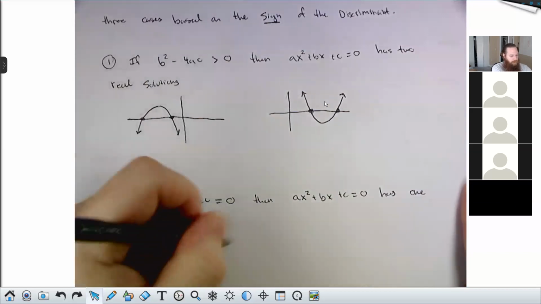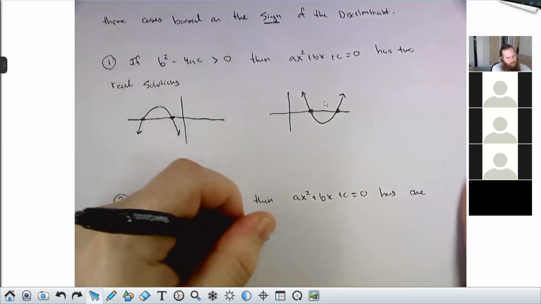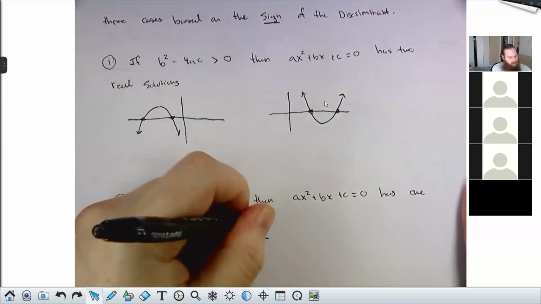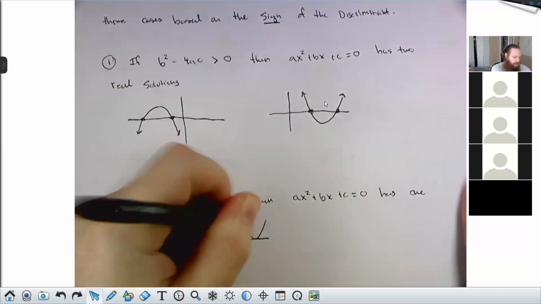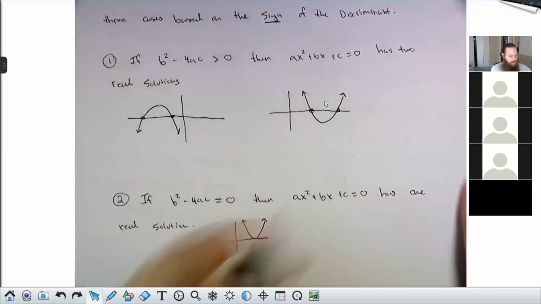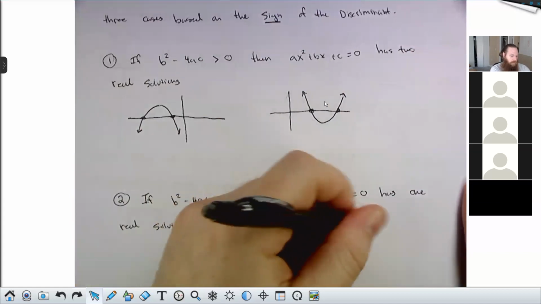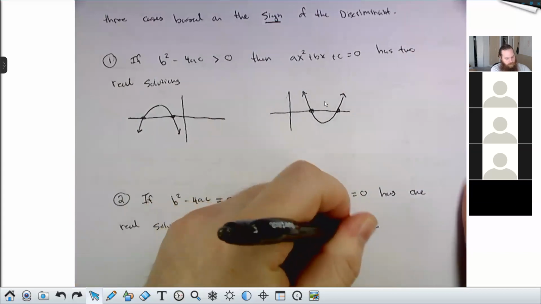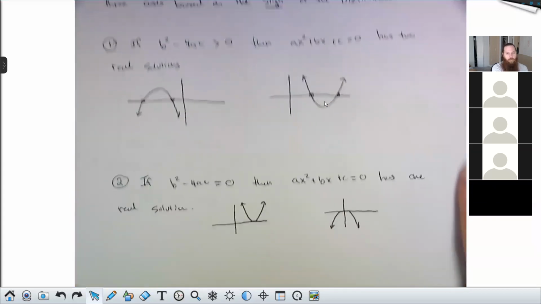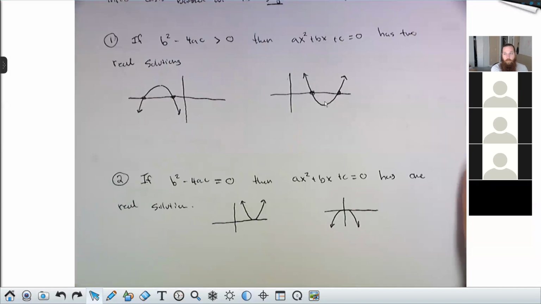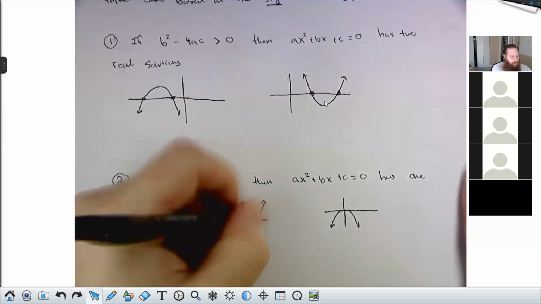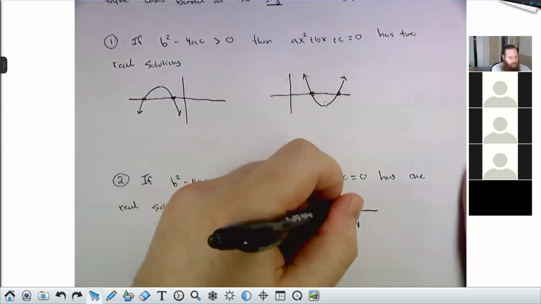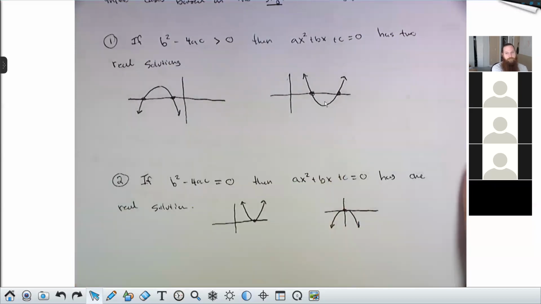And this may look like this, or this, where the graph of the function just bounces off the x-axis instead of actually crossing over. So your vertex sits right on the x-axis in this case.